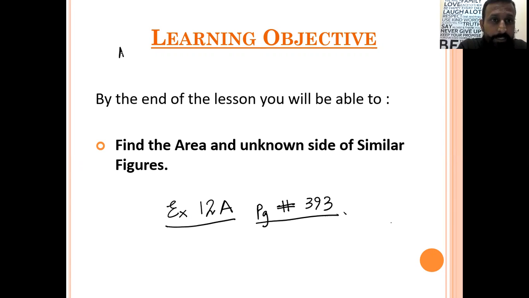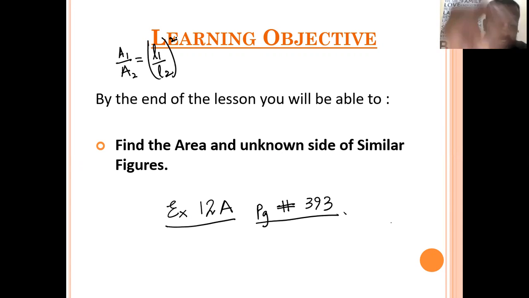Mathematically, I can express this as the ratio of the areas, that is A1 upon A2, is equal to the square of the ratio of their corresponding lengths. That is A1 upon A2 is equal to L1 upon L2, the whole square.